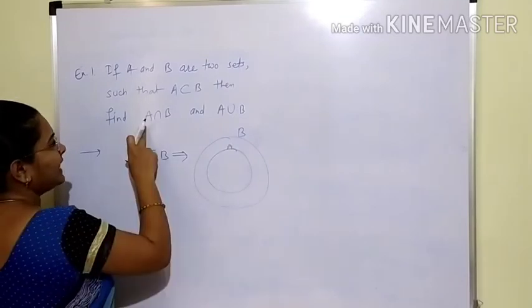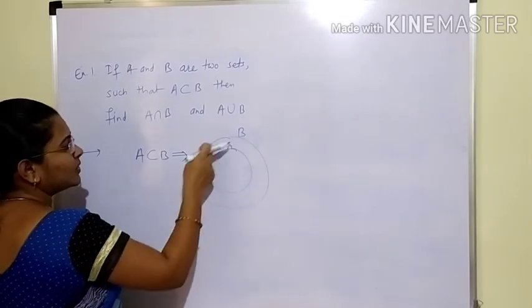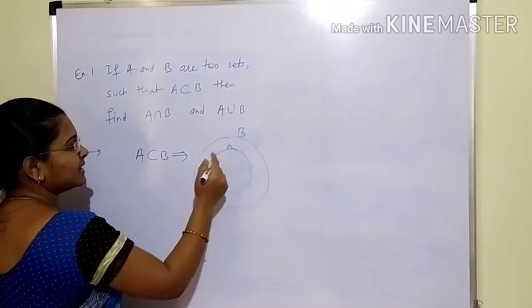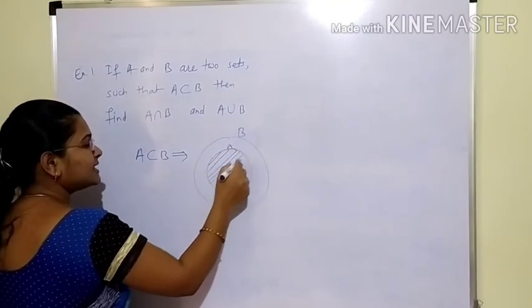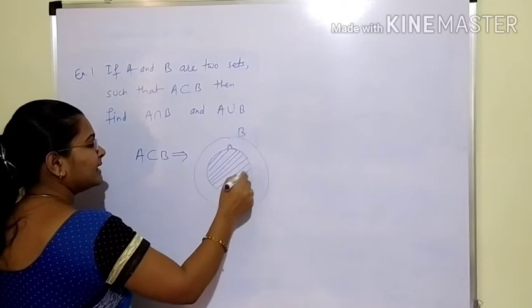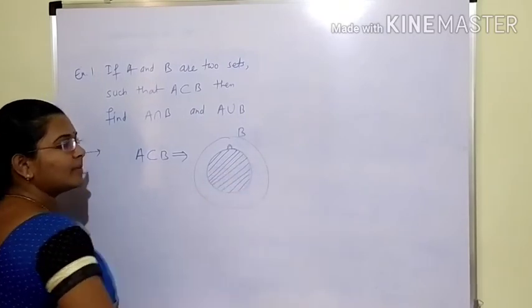So A intersection B is nothing but set A only, because in this shaded part only, A and B both have common elements.